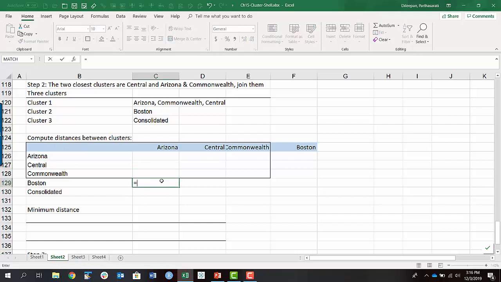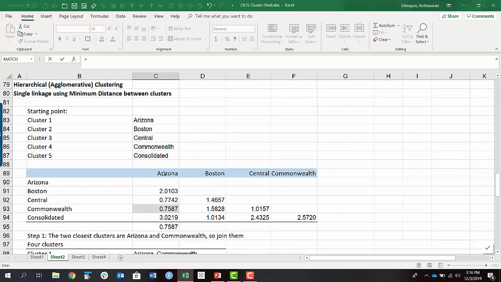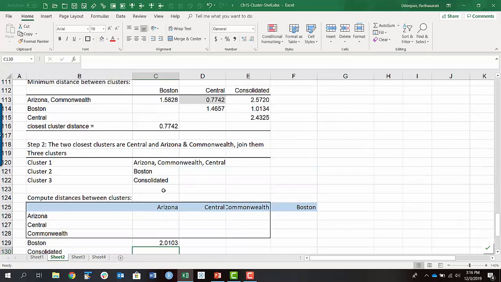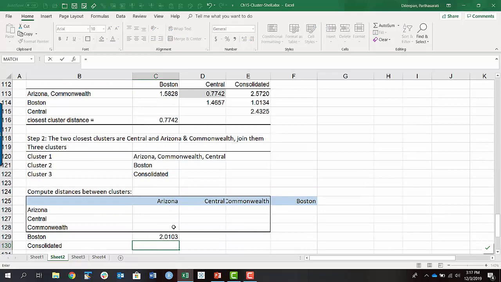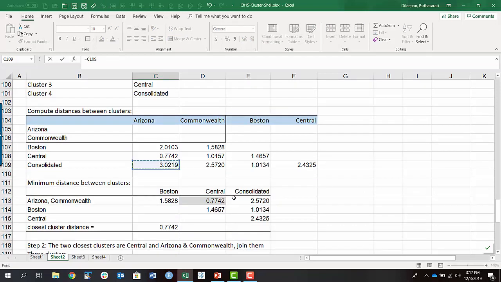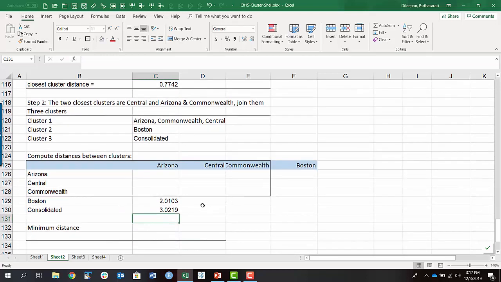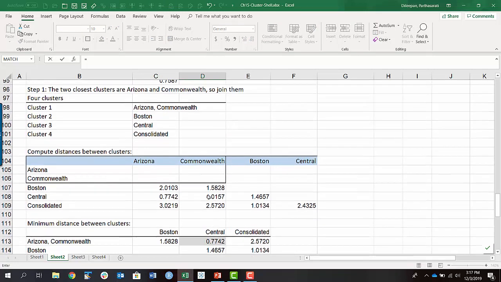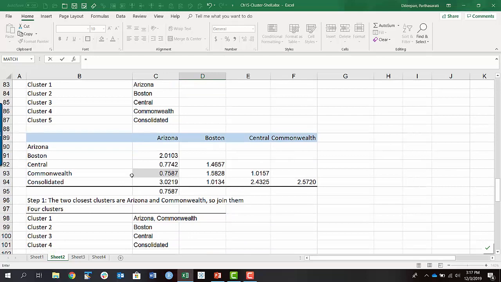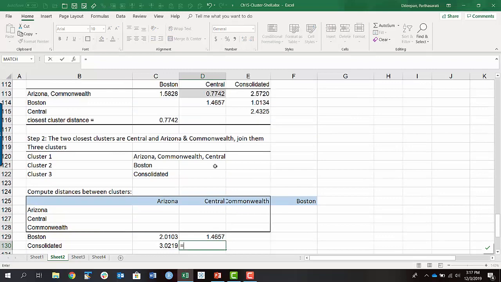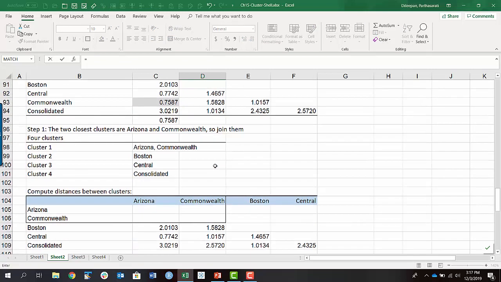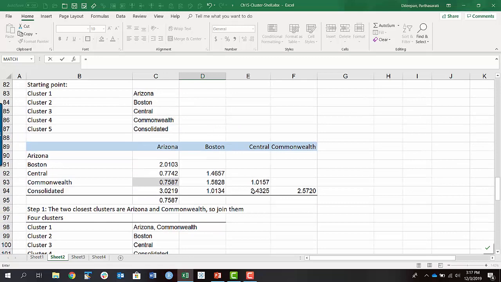So we need to only look at distance between Boston and Arizona, and then Boston and consolidated, and then Boston and Central, consolidated and Central, right?